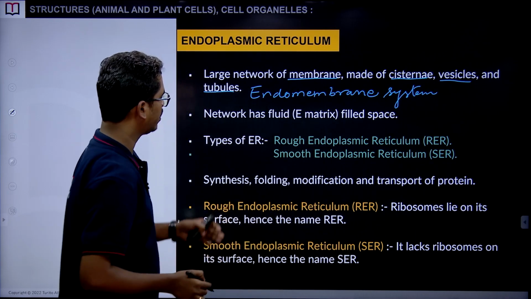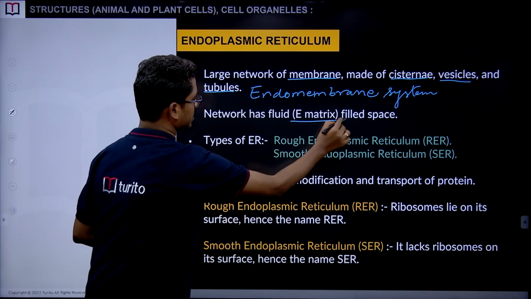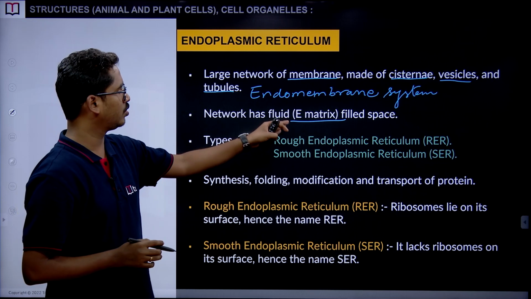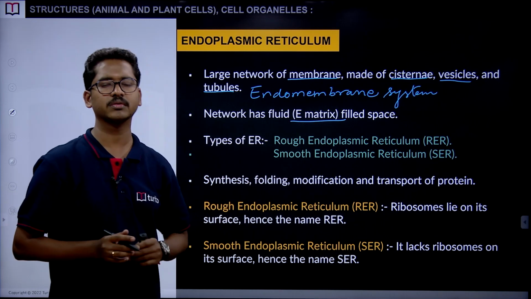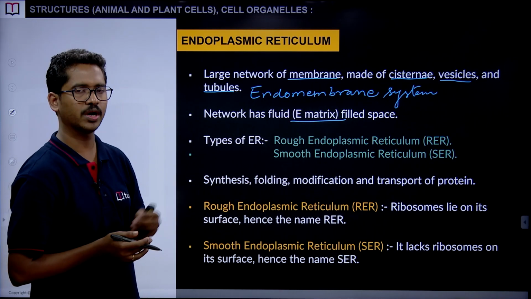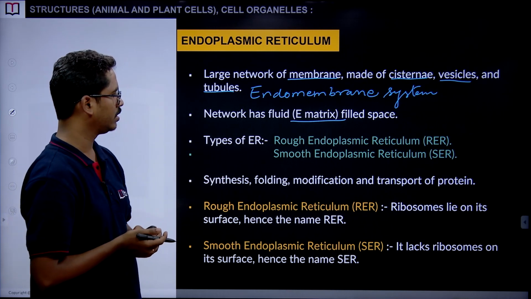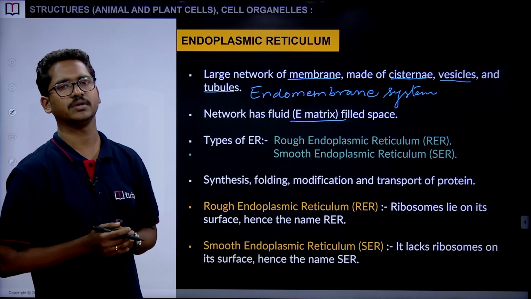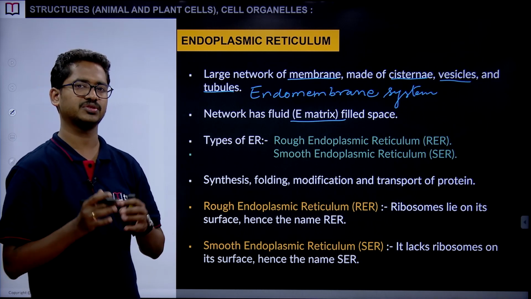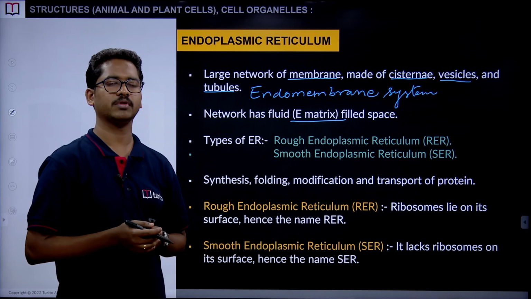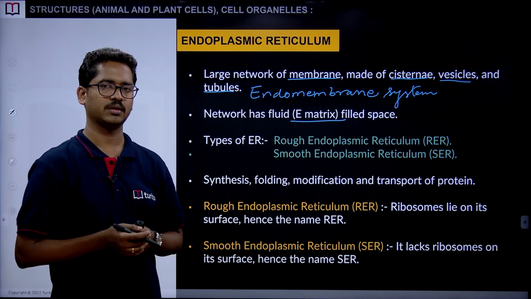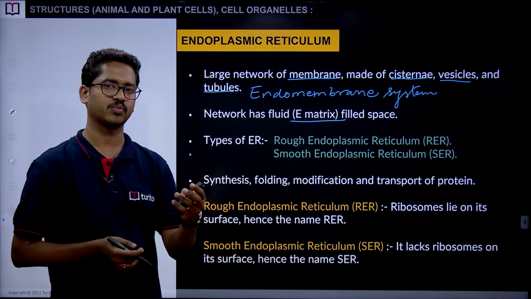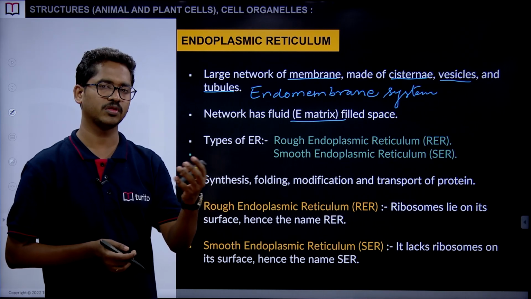It has a fluid within itself, just like the mitochondria we just saw. It is called the endoplasmic reticulum matrix, or E matrix, which fills the space. If you have observed, in the structure of the animal cell and plant cell I showed you, the endoplasmic reticulum was of two types, one with spots and one without spots.